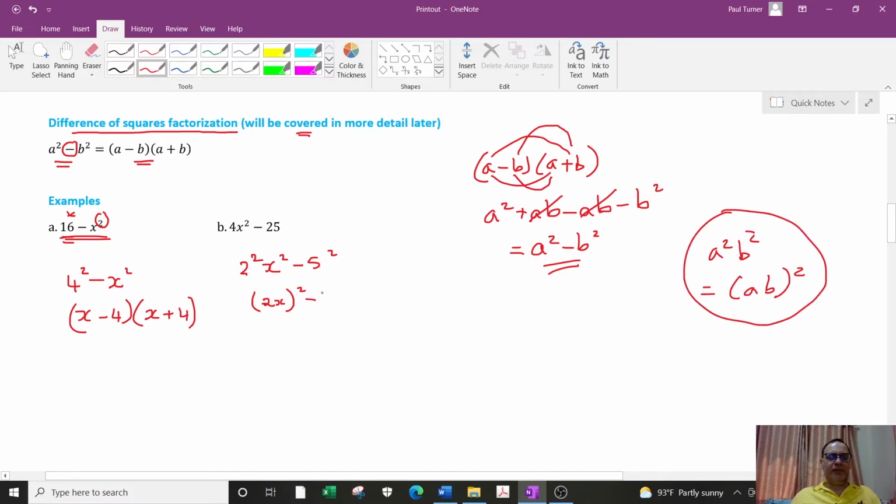So then we have 5 squared. So then we use our rule, a squared minus b squared. So a minus b, a plus b, like that, where a is 2x and b is 5 here. That's a and b there. Okay, so we're going to do more on this topic a little bit later.